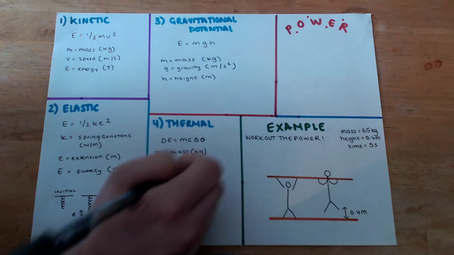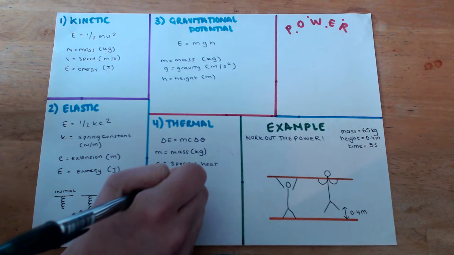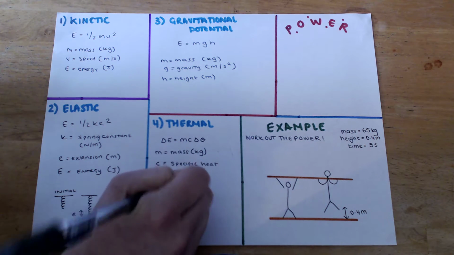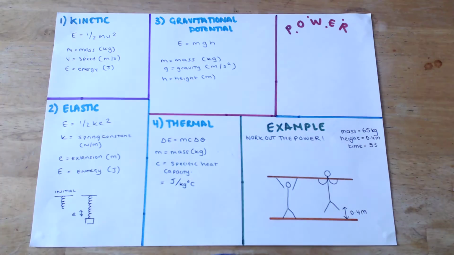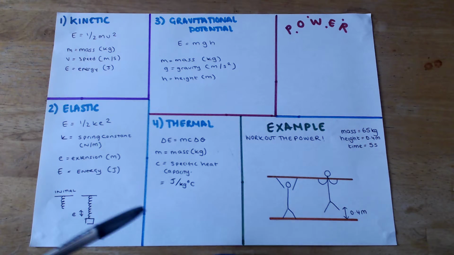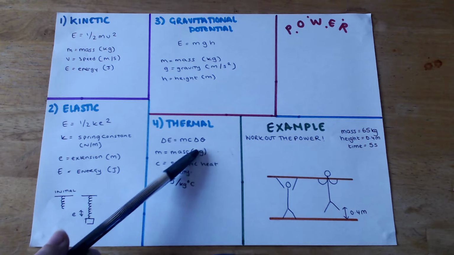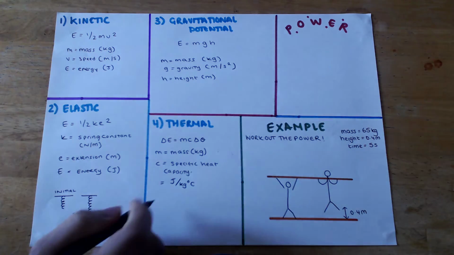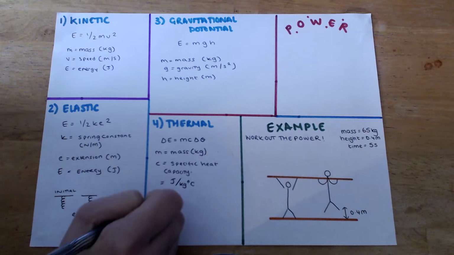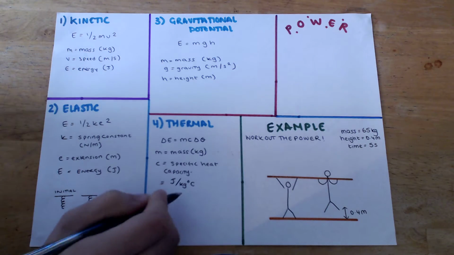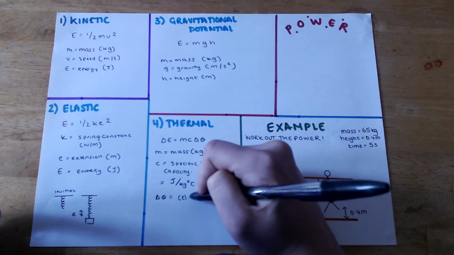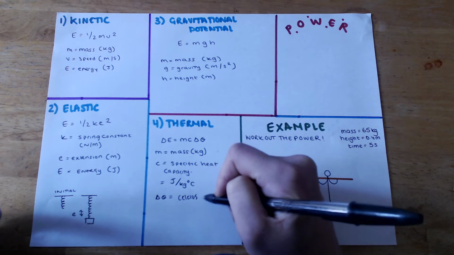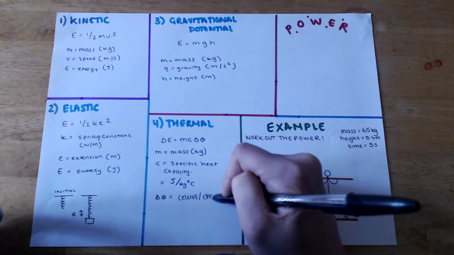So the units for this are going to be joules per kilogram per degree Celsius. Hope that makes sense. Note that it will involve kilograms and Celsius, because the change in temperature is measured in degrees Celsius. So remember, this is the change in temperature.